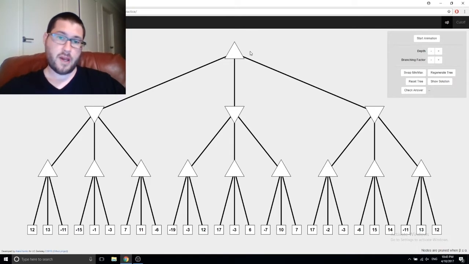Sometimes you'll have 5 possible moves, sometimes you'll have 10 possible moves. And the new states that are reached when you make each of those possible moves are represented as the children nodes of that first initial node, and so on.